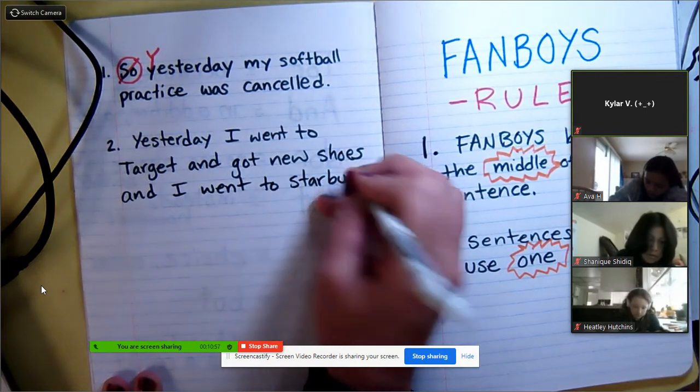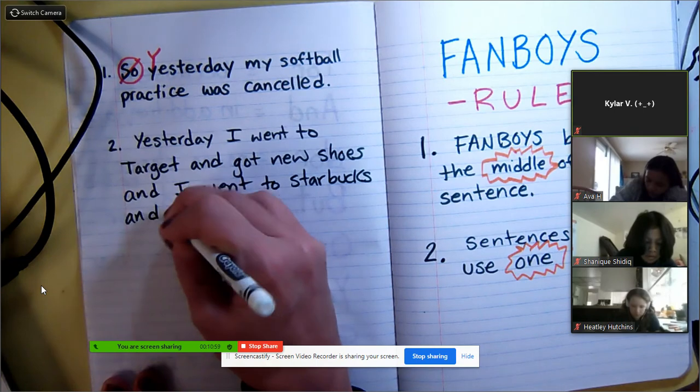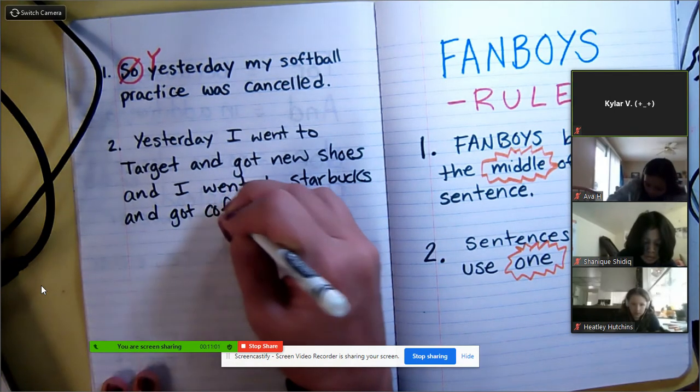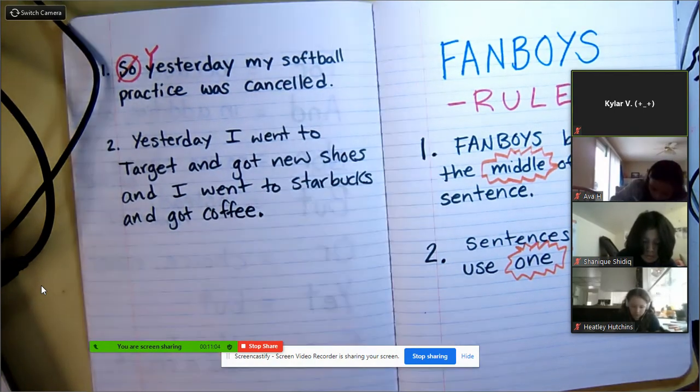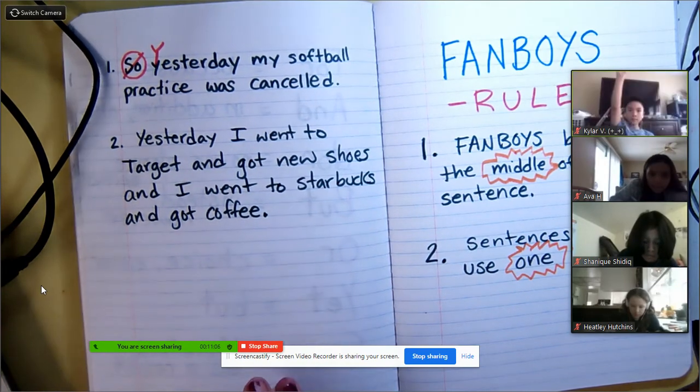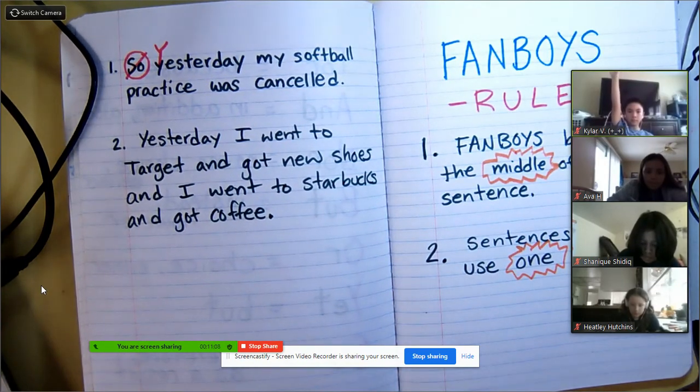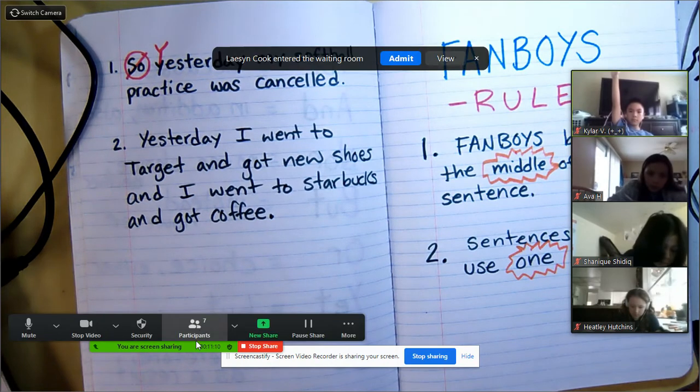You don't have to write this down, right? What I do want you to do is look at that sentence and try to figure out what fanboy rules are being broken, and also how can we fix it?